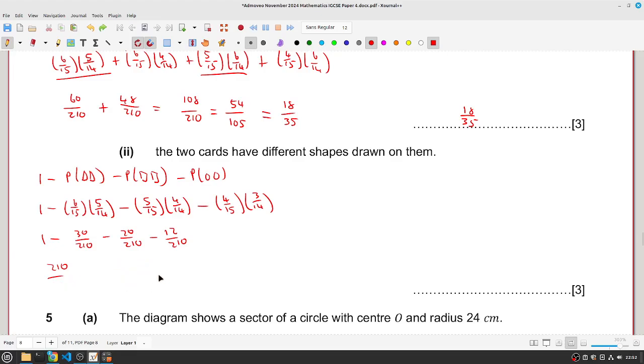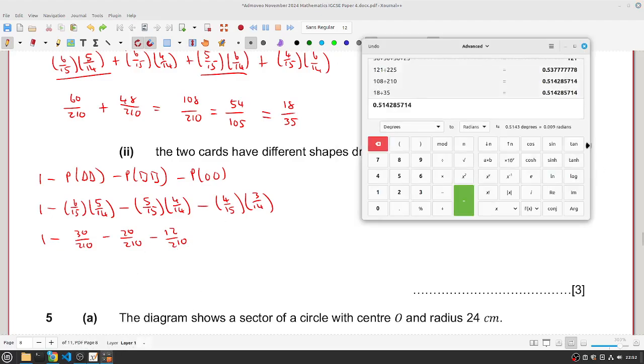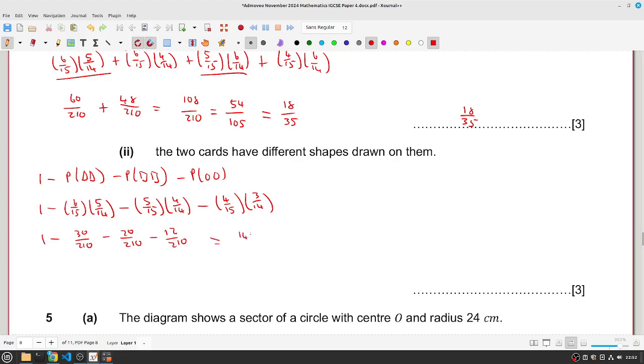That's going to look wrong. Okay, let me just type this. So 210 minus 30 minus 20 minus 12. So 148 over 210. Again, both of them can be divided by 2, which gives us 74 over 105. And I think that's probably the simplest form, but if it's not, I apologize. I'm sure you'll correct me in the comments.